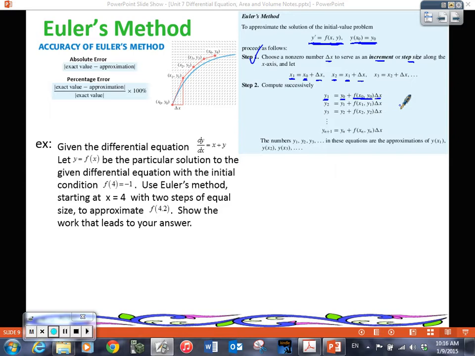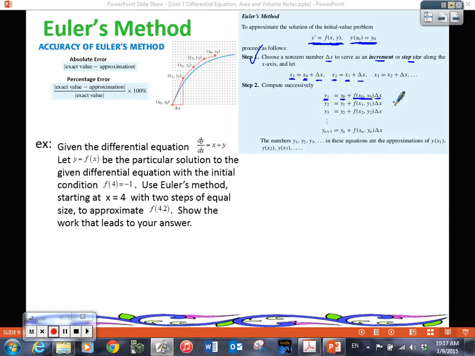To get our first approximated y value, we take our original y value and add this differential equation. We plug in the original point, the x naught, y naught, into the differential equation. We get a number, and we multiply that number by the increment, whatever our increment happens to be. And then we would complete that however many steps we're required to.